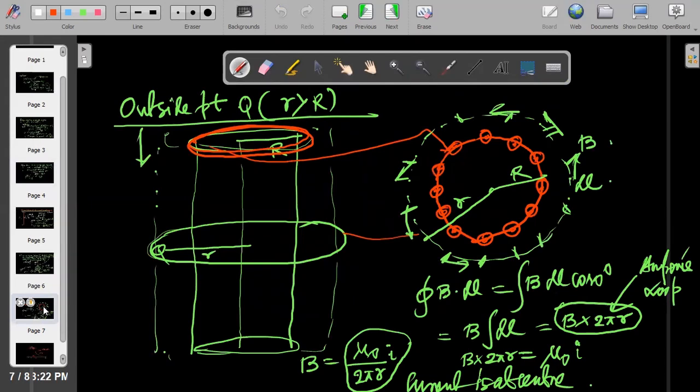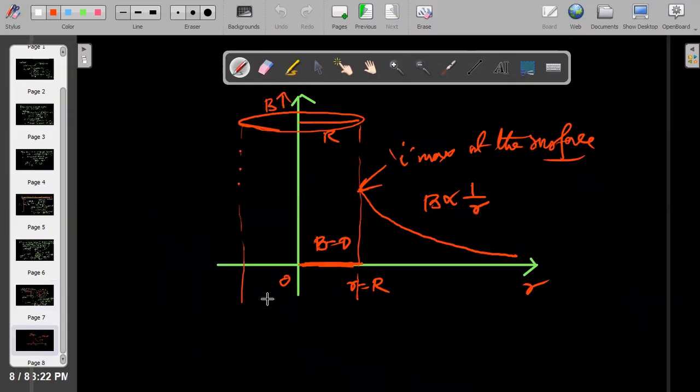We are getting 0 inside, and outside it is the same as if the current is coming from the center. It has some similarity with Gauss law also, like a point charge, it will behave like that. We have already done that. If you recall and revise, you will see the similarity of the results and analysis mainly. And finally, we have plotted the graph.